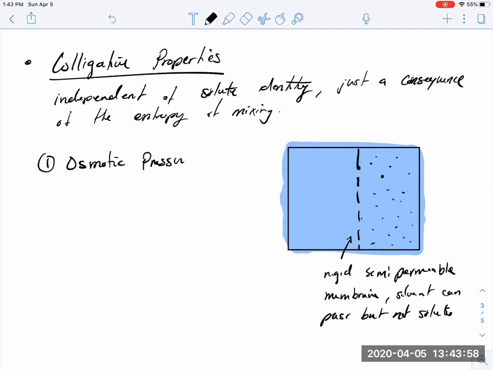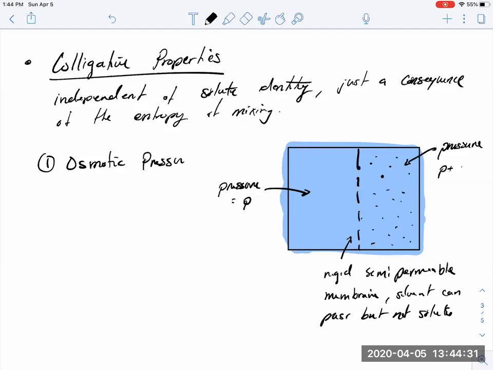Now we can fill that box of solution with a pressure P on one side. And in general, if we were to measure the pressure over on the other side, well, the pressure, if we're not going to have any volume flow of the solvent, has to be equal.